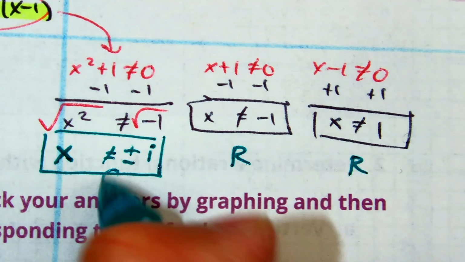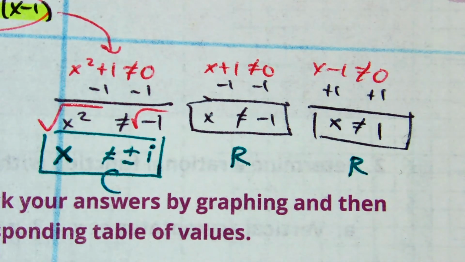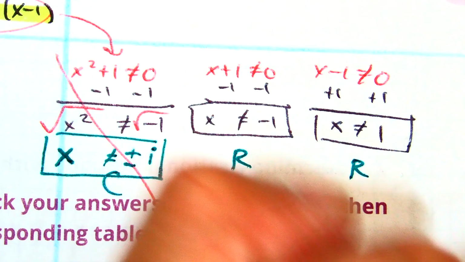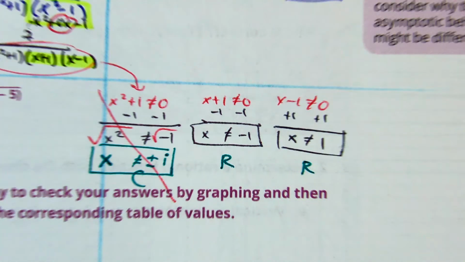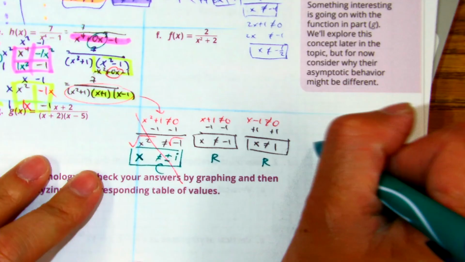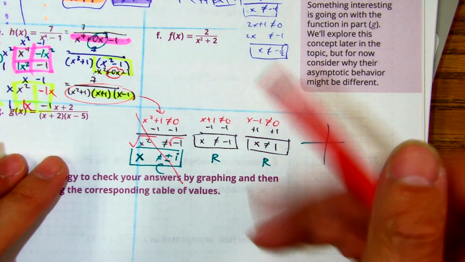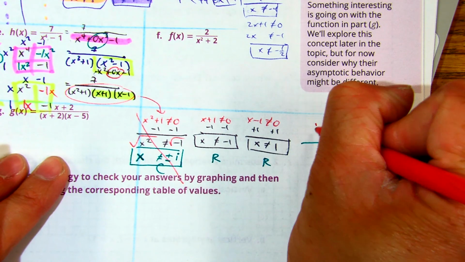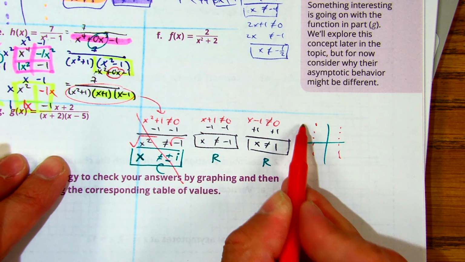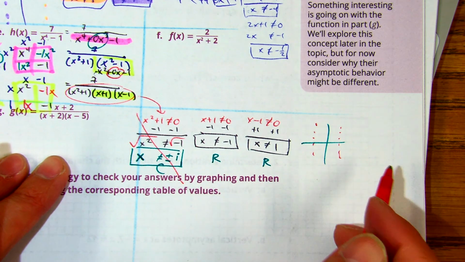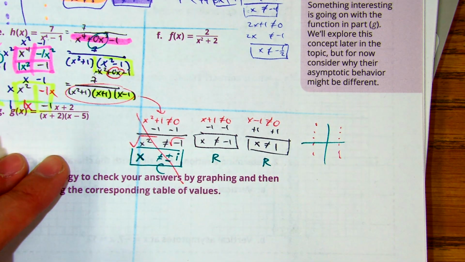So this is not on your graph. Does that make sense? This would be a difficult problem because if you actually graphed it, you would have a vertical asymptote at negative 1 and positive 1. And then you would need to figure out, is the graph in the positive or negative region for 3 regions. Does that make sense? So that's how you do letter E.